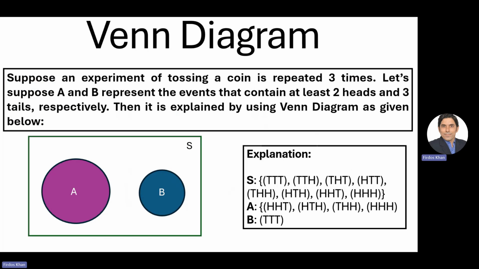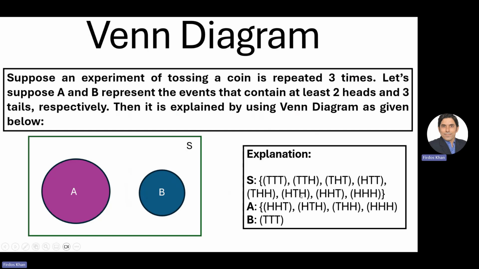Okay, so these are all the possible outcomes of this experiment. That is the sample space for this experiment, which is denoted by S, and it is represented here by the triangle like this. This one is labeled as S. And then event A means that there can be at least 2 heads. So let's see which have 2 heads and 3 heads, because at least means 2 or 3.